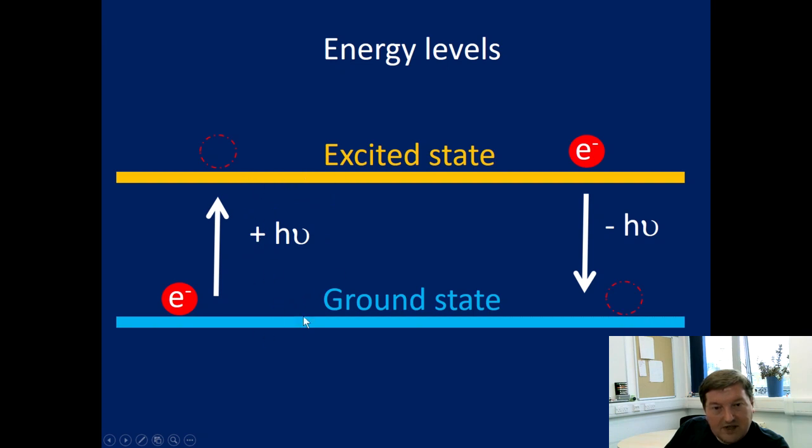These energy levels have certain values, so if that value is matched by energy of a particular frequency, then the electron goes up to the excited state, and also it falls back down to the ground state, emitting energy of a characteristic frequency. So by knowing what the frequencies are, you can get information about these different energy levels, which gives you information on atomic structure.